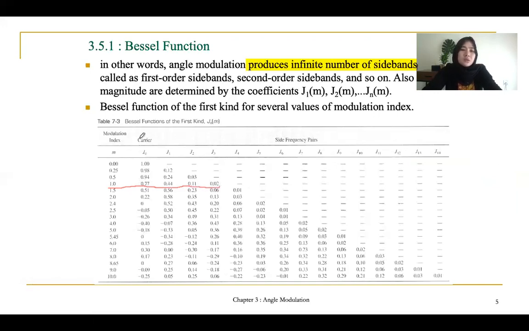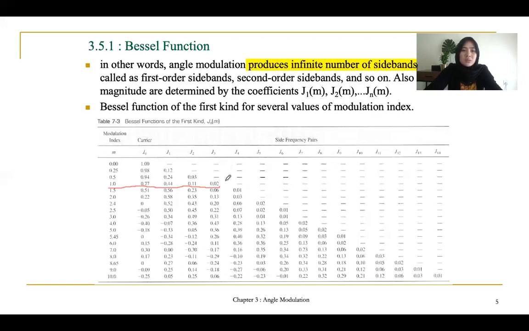Okay, so you look here, J0 is the carrier component. The amplitude for the carrier component is equal to 0.77. And then you have J1, J2, and also J3.